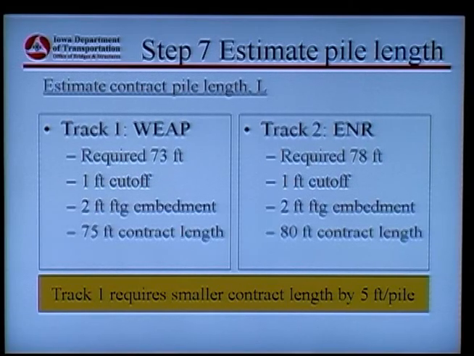The contract length for Track 1 is 75 feet, whereas the ENR formula requires an additional 5 feet, for a total contract length of 80 feet. So Track 1 requires a shorter contract length by 5 feet per pile. That's the benefit of using WIP versus the ENR formula.